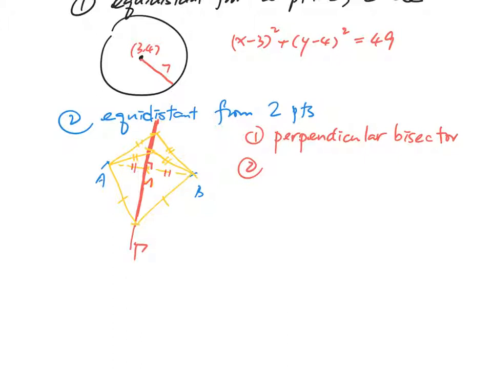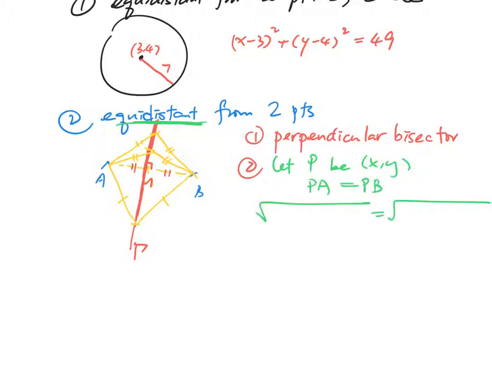There are generally 2 ways we can do it. The first way is called follow straight. If you remember in my lesson, follow straight means we let P be (x, y), a random point on this locus. According to the question, because of equidistance, we have PA = PB. So you spell out the distance formula.